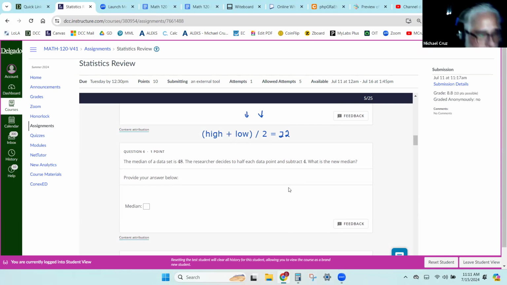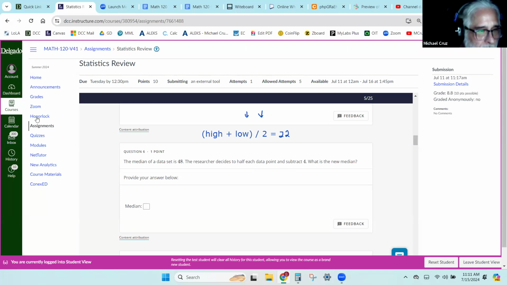Okay, so this is just to show you that what you do to each data point is essentially the same as doing it to the final value. So the median of this data set is 48, and we want to halve each data point. We don't know what the data points are, and then subtract 4.